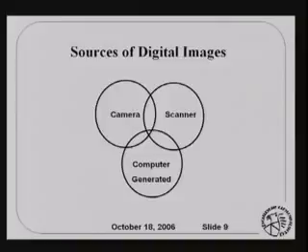That will come under the class of joint camera and computer generated. Similarly, we can have cameras and scanners together, or a scanned image manipulated by some computer software. So my problem here is, given an image, to identify the class from which it is coming.